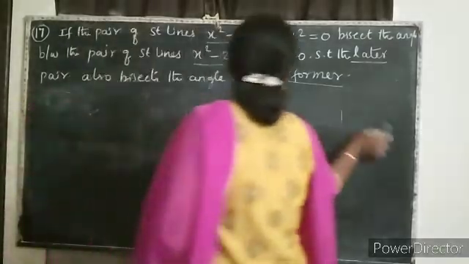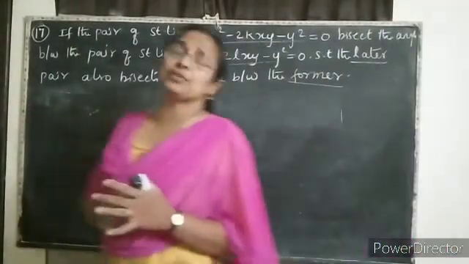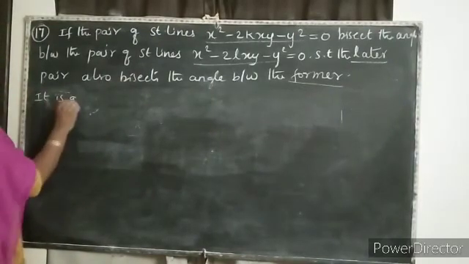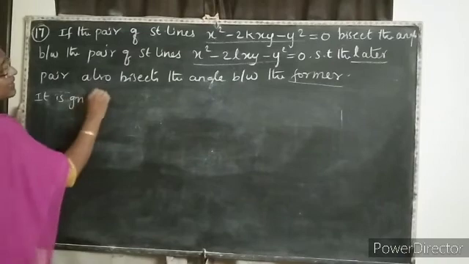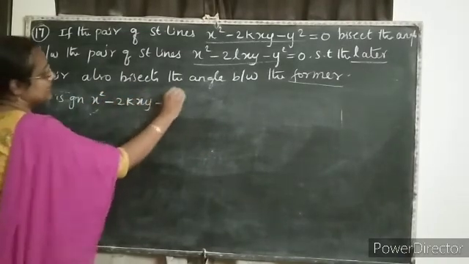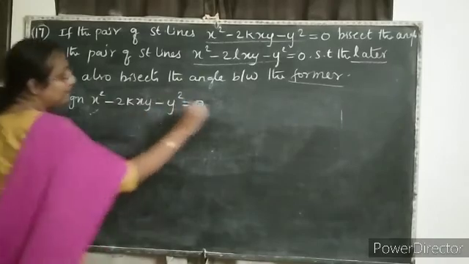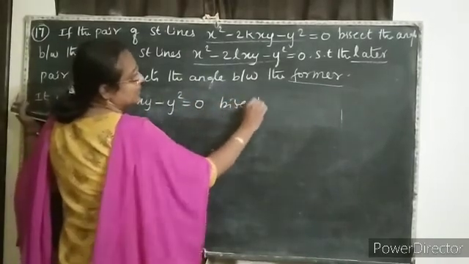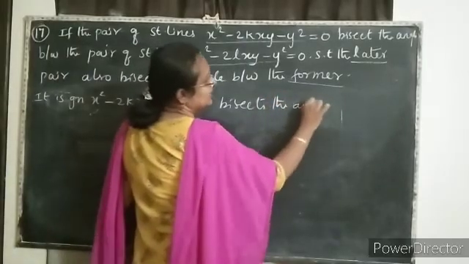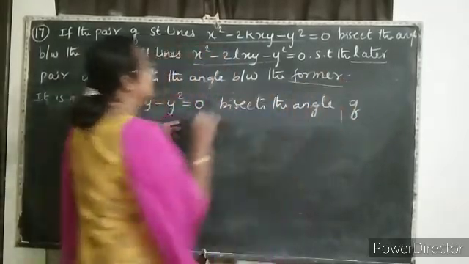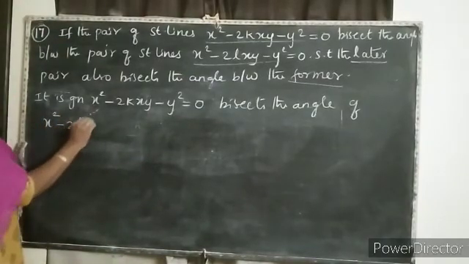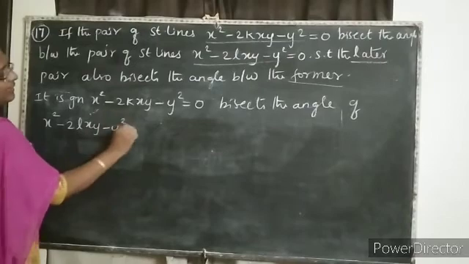Now look into this. So first one, it is already given that x squared minus 2kxy minus y squared equal to 0 bisects the angle of which equation? That is x squared minus 2lxy minus y squared equal to 0.